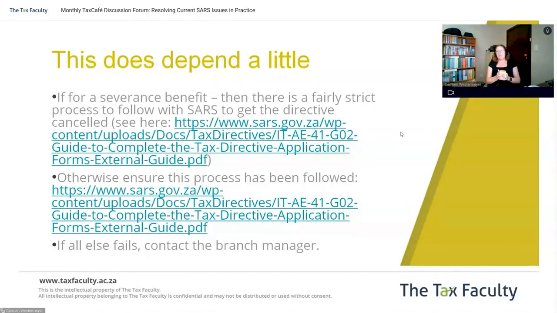If, however, it's an employer directive, then you should be able to delete them on your side as long as the RP5s and EMP501s haven't been issued. So from that point of view, it's absolutely possible.